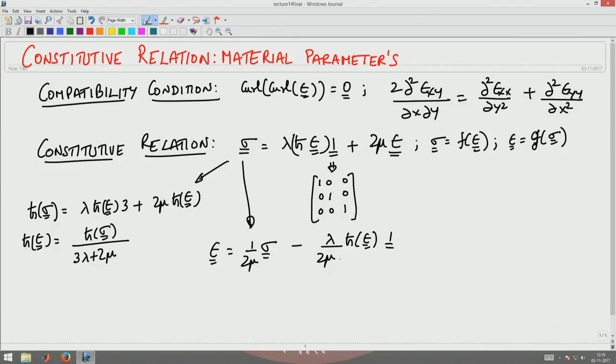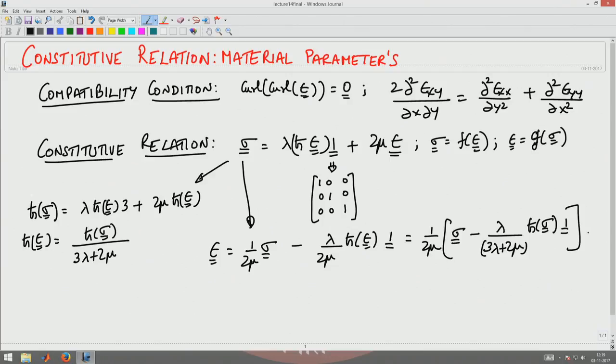So, I got this expression. Now, I substitute for trace of epsilon from the earlier equation in here, to get the final expression for epsilon as 1 by 2 mu sigma minus lambda by 3 lambda plus 2 mu trace of sigma times identity matrix.